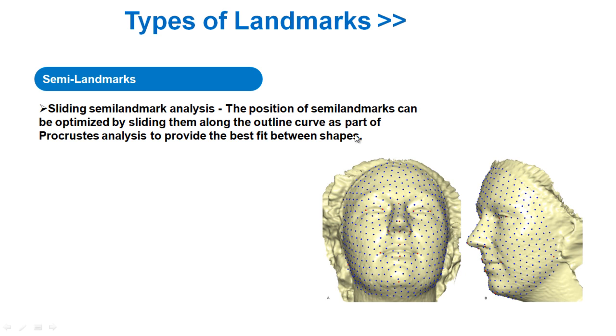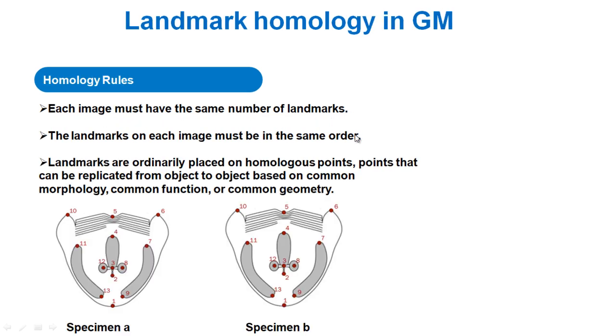So we have what is called landmark homology, I mean the homology rules of landmarks, which means each image must have the same number of landmarks. If you have 100 images or specimens, they must have the same number of landmarks on each specimen. If specimen A has 13 landmarks, specimen B must have 13, specimen C the same, D the same, on all specimens.